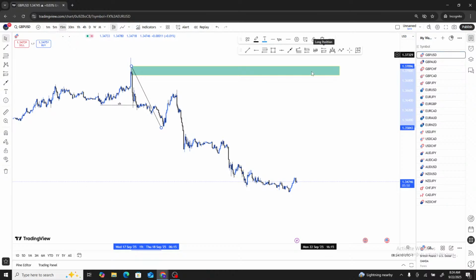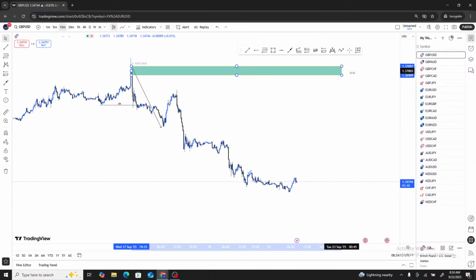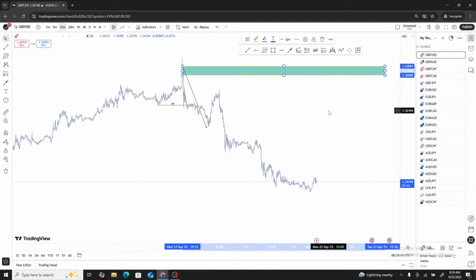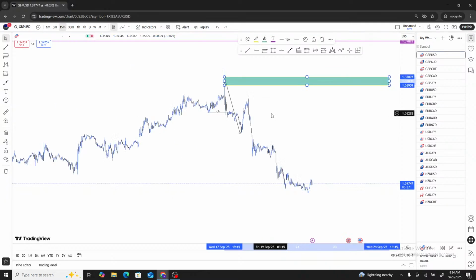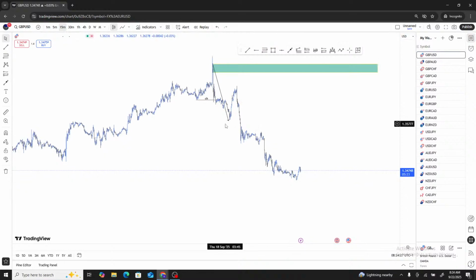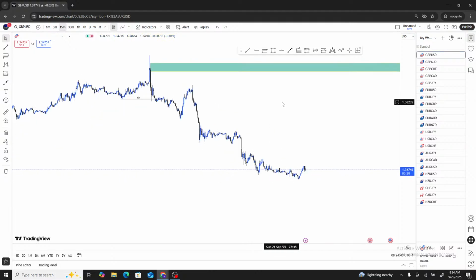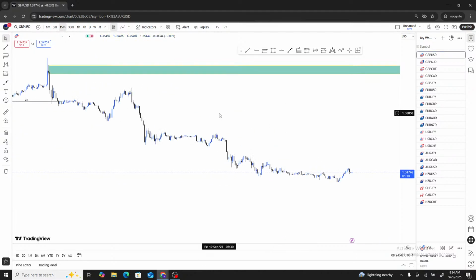That is one of our concepts. Our order block must break structure. This has broken structure. Again, we say our order block must have an imbalance.